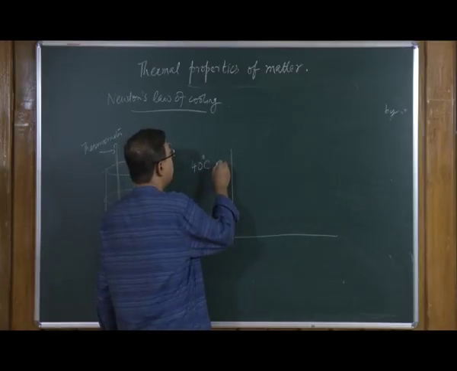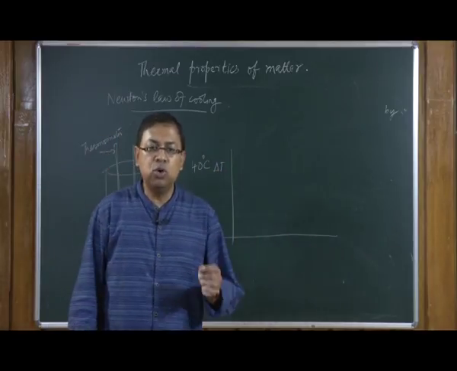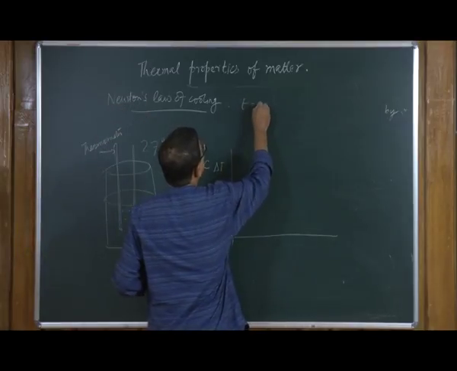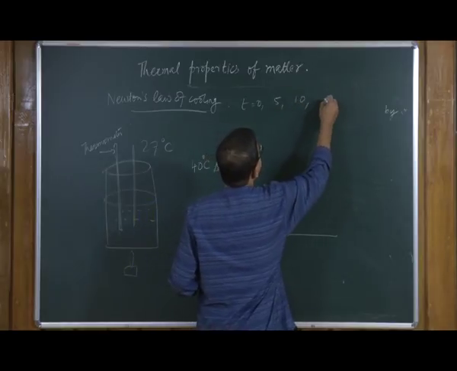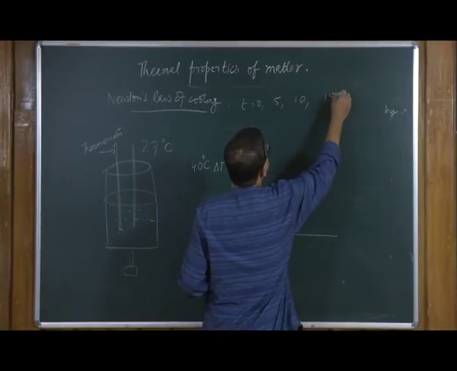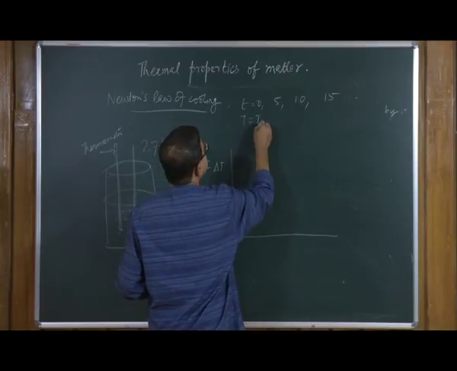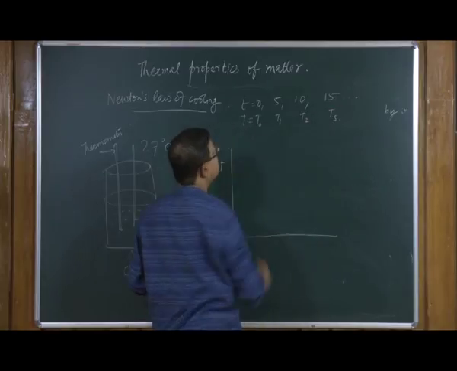So, let us talk about delta T, which is the difference in temperature. You measure it at t equal to 0, and then at 5 minutes, at 10 minutes, at 15 minutes, and so on. The temperatures are found to be, say, T0, T1, T2, T3, and so on.